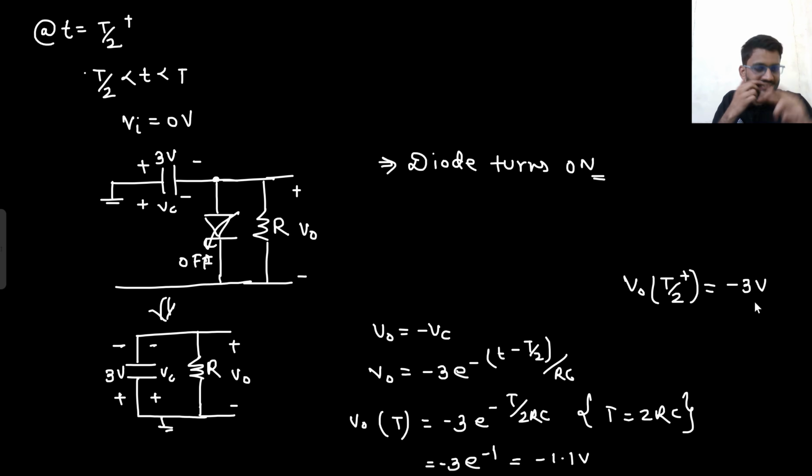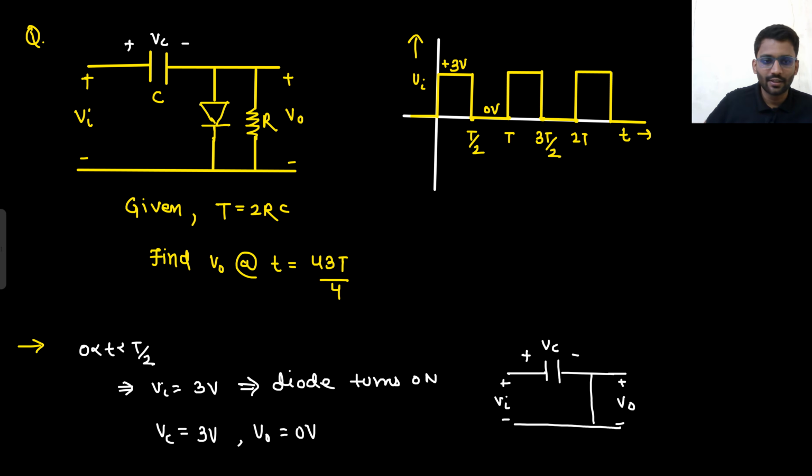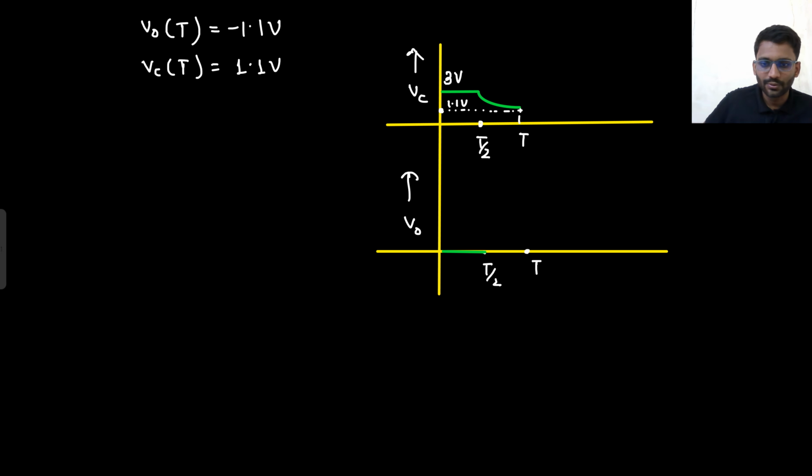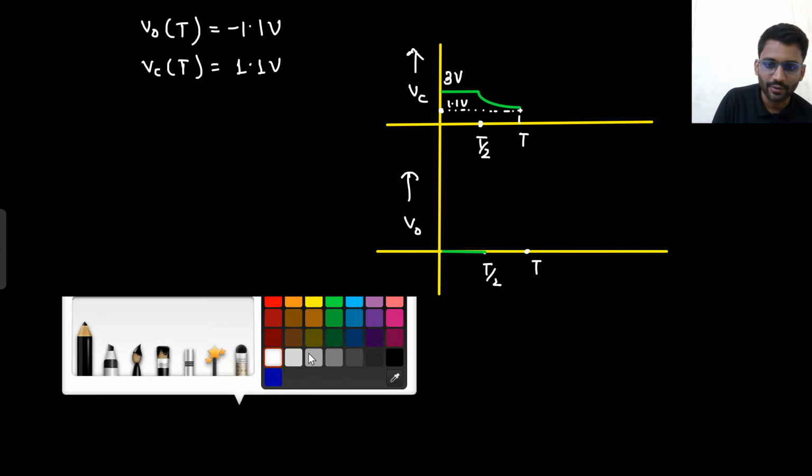And from minus 3 it is trying to go to 0. From minus 3 it is decreasing toward 0, but it decreases to minus 1.1 volt only. So it is trying to go to 0, but it reaches minus 1.1 only.